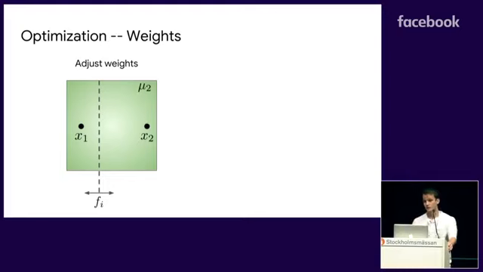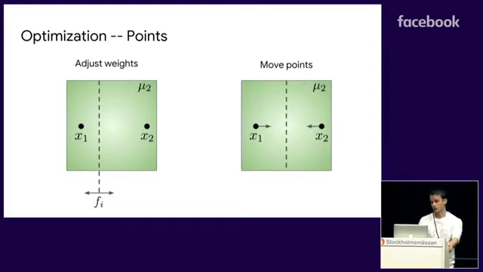So what I first want to do, using the gradient for the weights, is adjust the position of the hyperplane such that both x1 and x2 are responsible for half of the mass of mu2. I do that, and now the separating hyperplane is in the middle. And when I move the points, I'm moving x1 from its current position to the barycenter of the cell. The reason I'm doing these two steps one after the other is that both of them reduce transport cost.